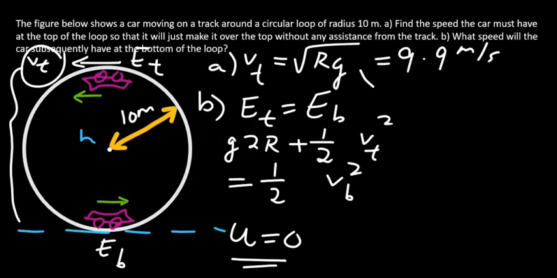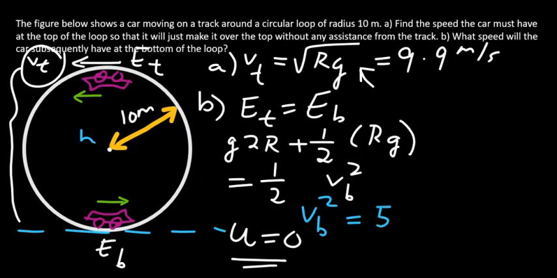From part A, we know v sub t is the square root of rg, so vt squared is just r times g. And you see, doing a little bit of algebra, vb squared equals 5 times rg. This is 2rg, this is half rg, add them up you get 2.5 rg, times 2 you get 5 rg.